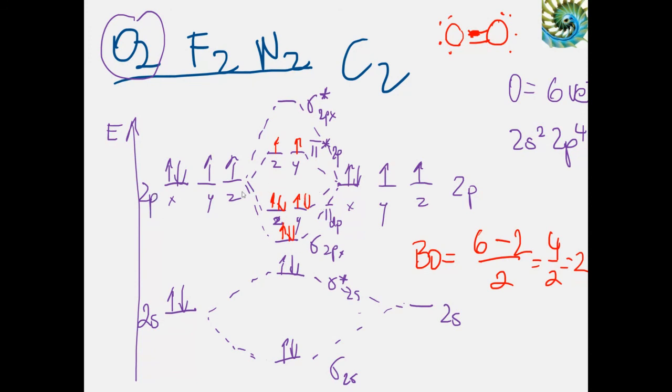So you have 6 electrons in the bonding orbitals and 2 electrons in anti-bonding orbitals. So 6 comes from just the bonding orbitals. When you look at those, if there is no star by pi or sigma, you add those electrons together and subtract any electrons that are in the orbitals with stars.